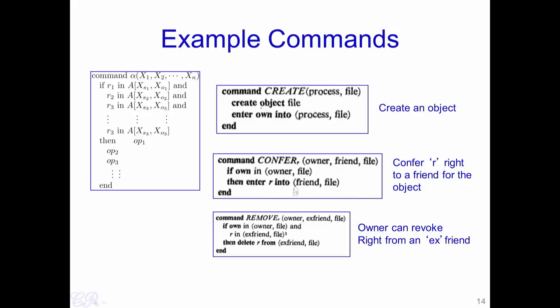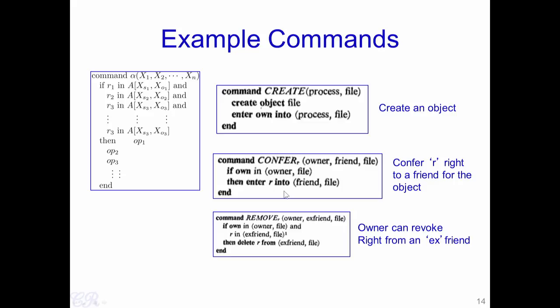What goes on in this command? Essentially we first test if the owner is indeed the owner of that file. We see that first, if own right is present in owner comma file in the matrix cell corresponding to owner, the subject, and file, the object. If this is indeed true, then enter R, that is enter the right R into the friend comma file part of the matrix.